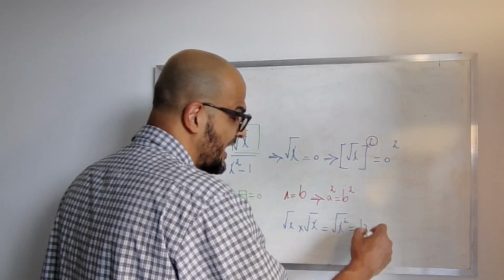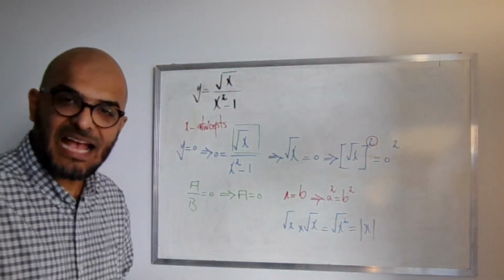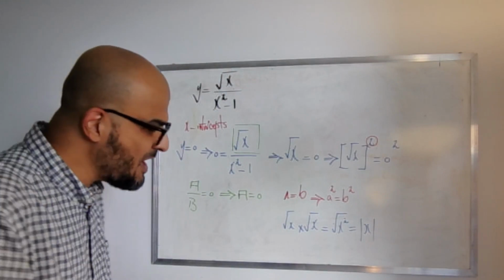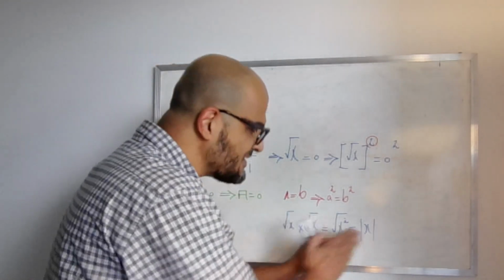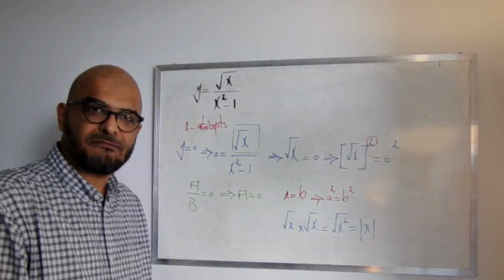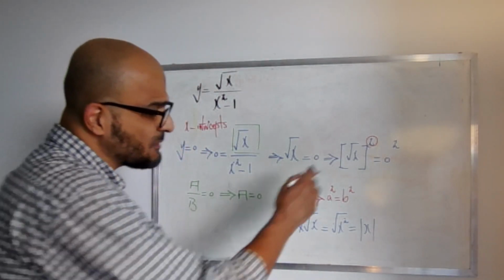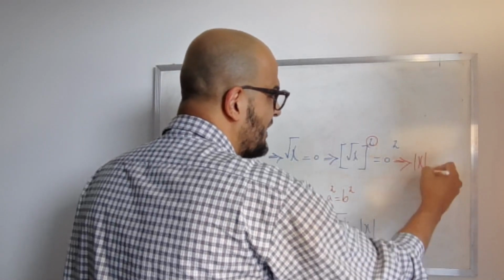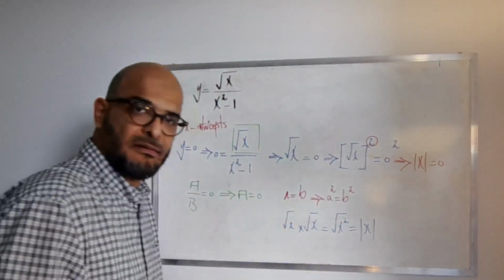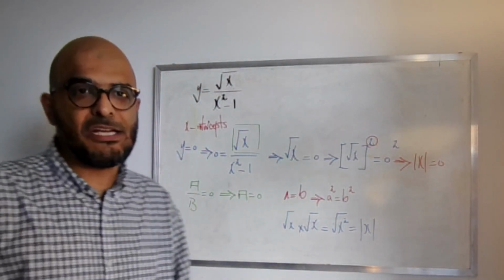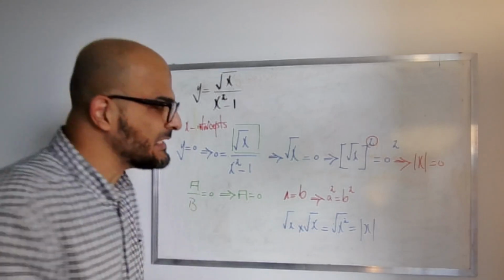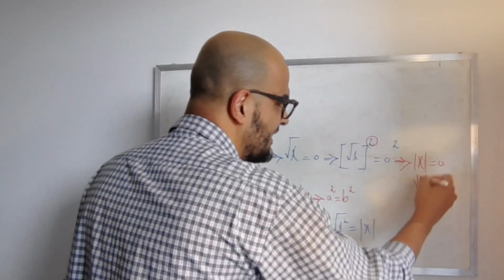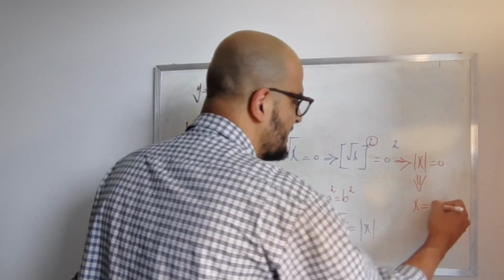Then you take the absolute value of x outside, because you know that the thing that comes outside has to be positive. As a result, you get that the absolute value of x should be 0, and if the absolute value of x is 0, necessarily x is 0 itself.